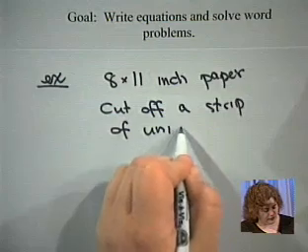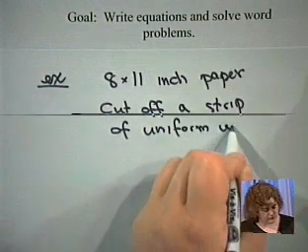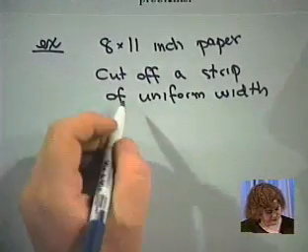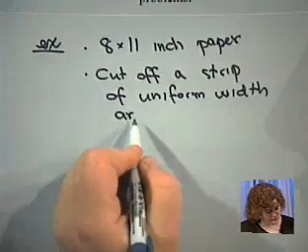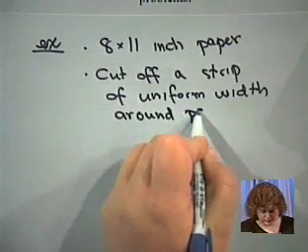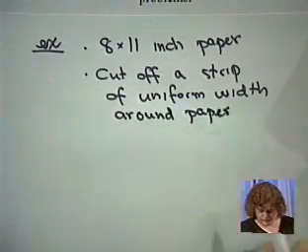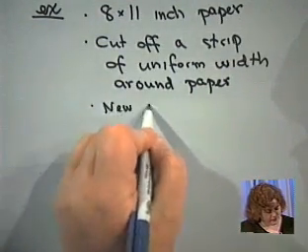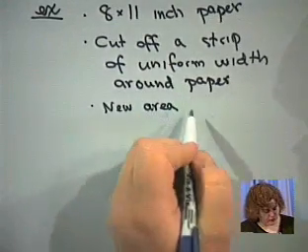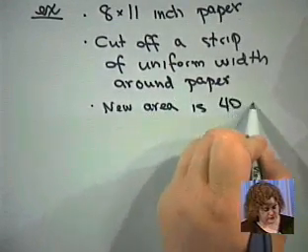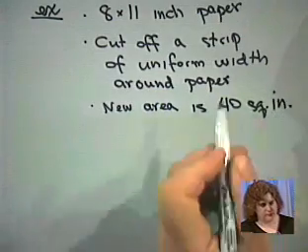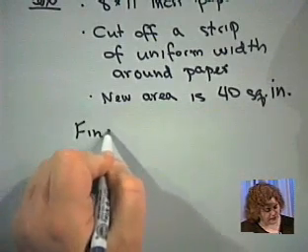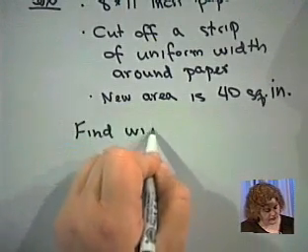That just means it's the same width all the way around the paper. Your new area is 40 square inches. Your task is to find the width of the strip.